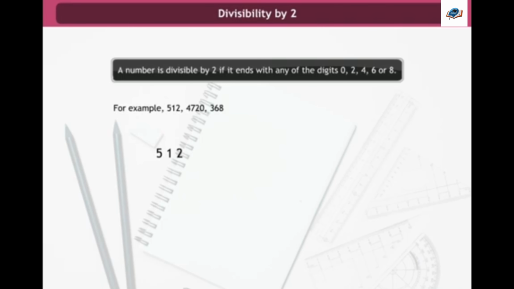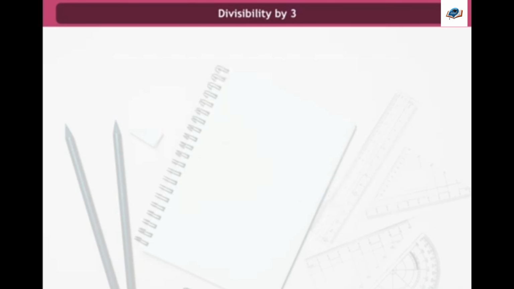The number 512 has 2 at its units place. So, by the divisibility rule, we say that it is divisible by 2. Also, on dividing 512 by 2, we get the remainder 0. This verifies the rule. The numbers 4720 and 368 are divisible by 2 as their end digits are 0 and 8 respectively.